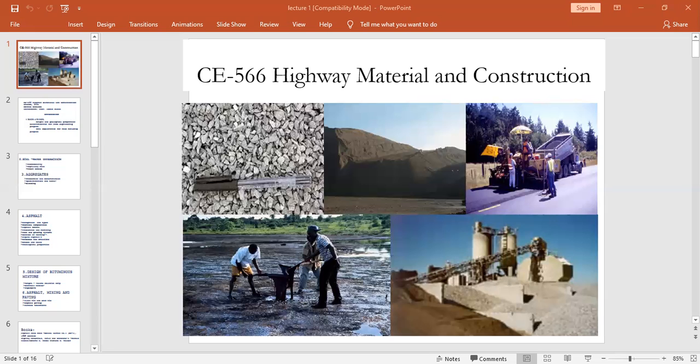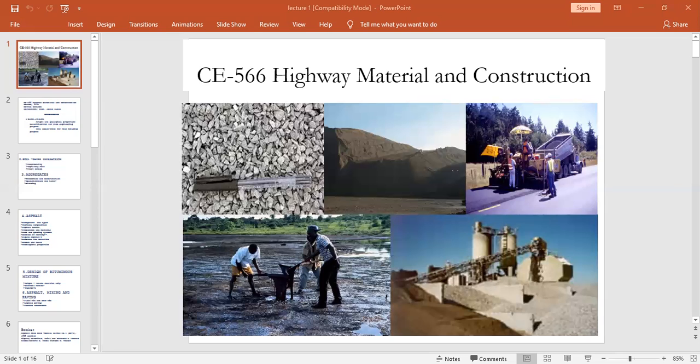You may have very good construction equipment. You may have a very good QC cell operating for construction of a road, qualified people. But if you have not selected the appropriate material in designing, or if even the materials are designed and the quality of the material is not checked, we are in disaster.